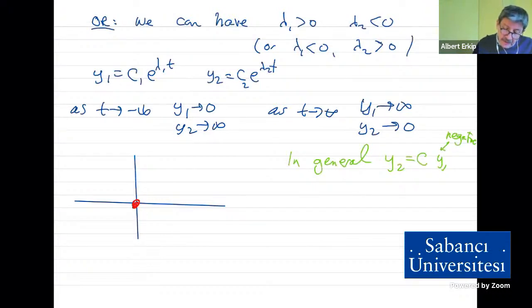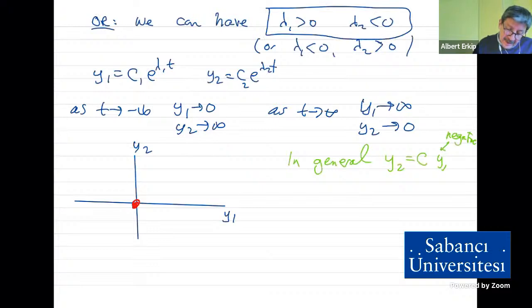Then I have these four lines. This is y1, this is y2. We said lambda 1 is positive, lambda 2 is negative. So over this axis, I have these going away, but I have these going towards the origin. You see, y2 goes to 0 as t goes to infinity, so it gets closer to the origin, whereas the others move away from the origin.